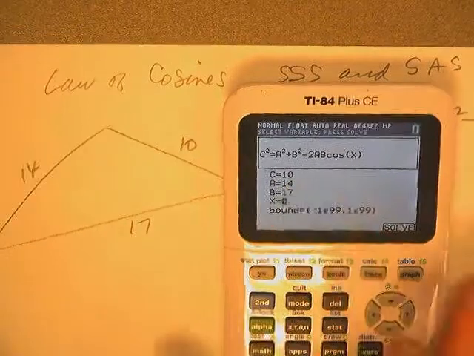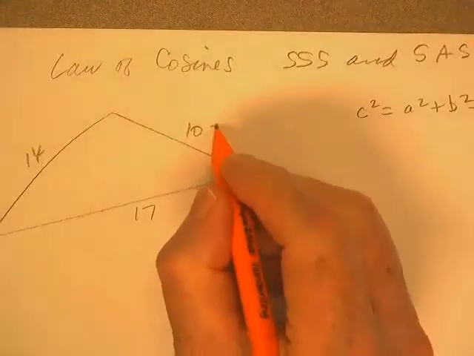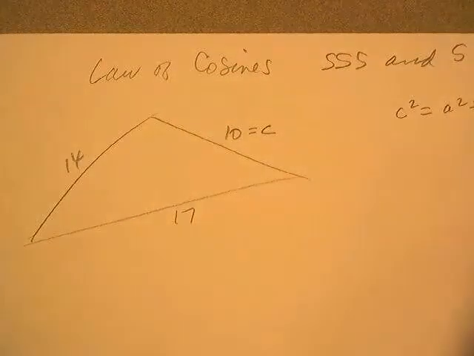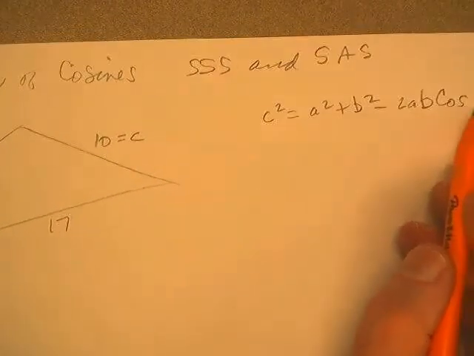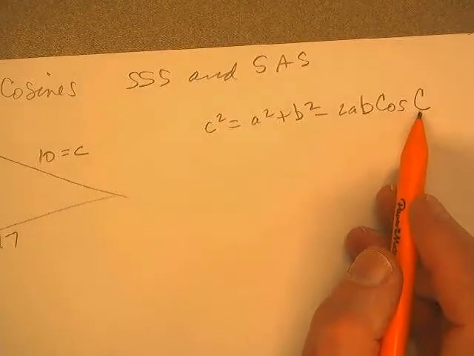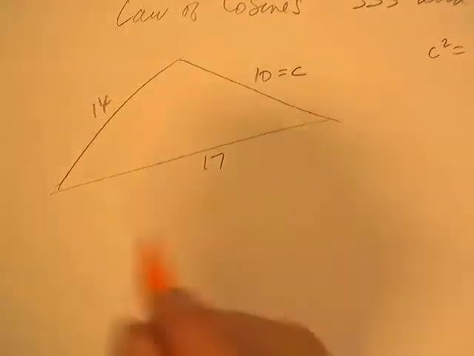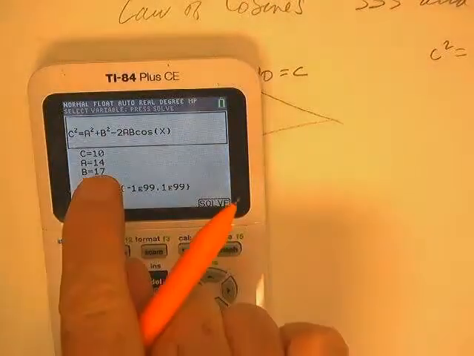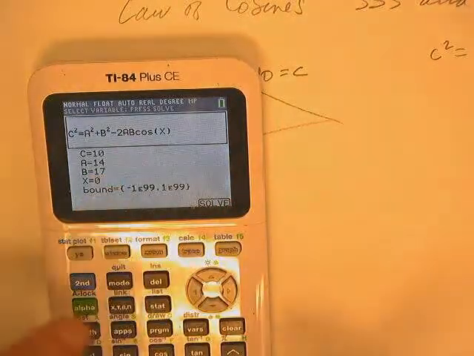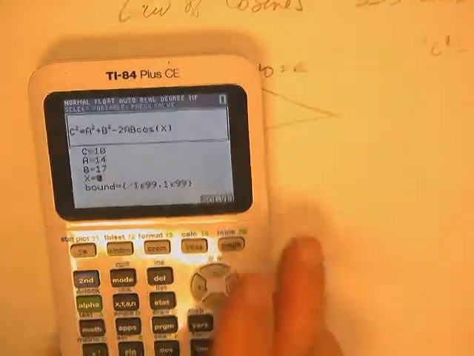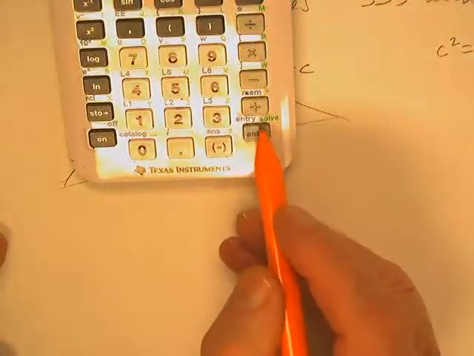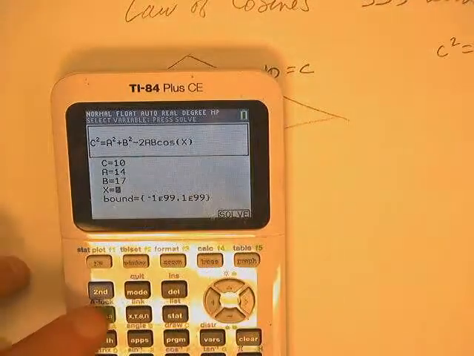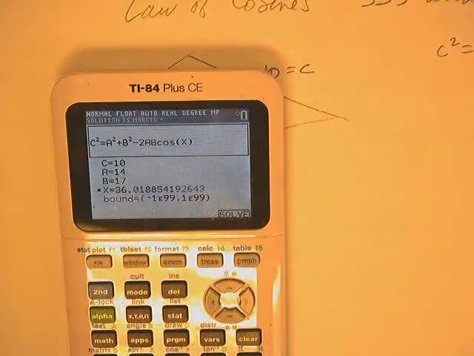We just had C as 10, and we changed capital C to X. So this time I'm finding the angle across from whatever is in C. And then just hit alpha enter. Look right down here, you've got solve in green. So you just hit alpha enter and it'll find that angle for you.